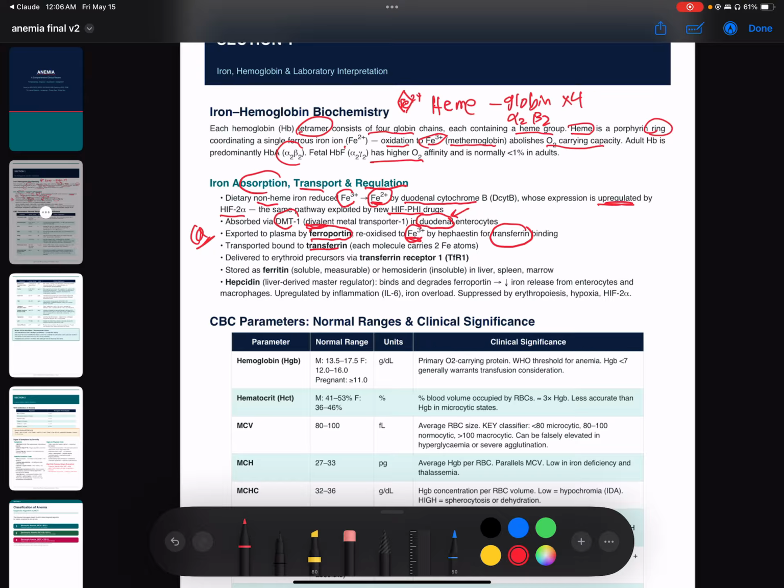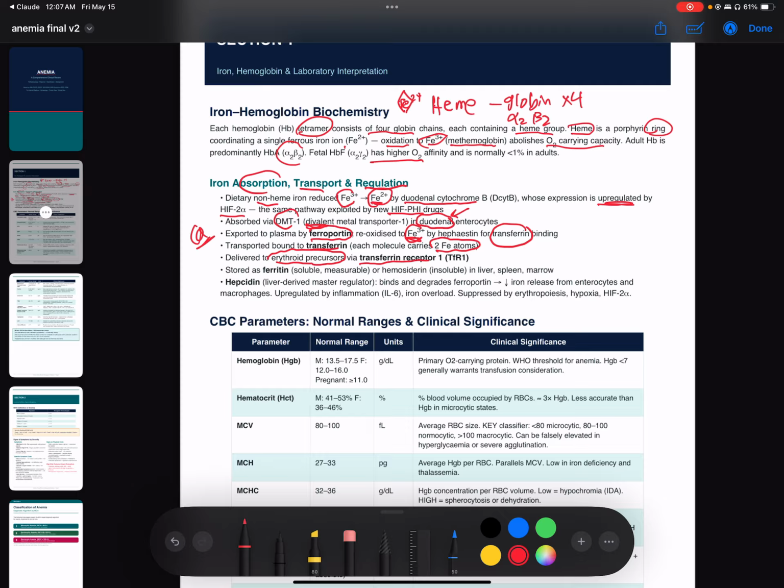Transferrin has two sites, so it can bind to two iron atoms. And then the transferrin circulates in the blood, then it goes to the receptors, and the receptors here would be on the erythroid precursors, like bone marrow, liver, and mainly the bone marrow, of course. There is a receptor for transferrin to get this iron from the circulation into the bone marrow.